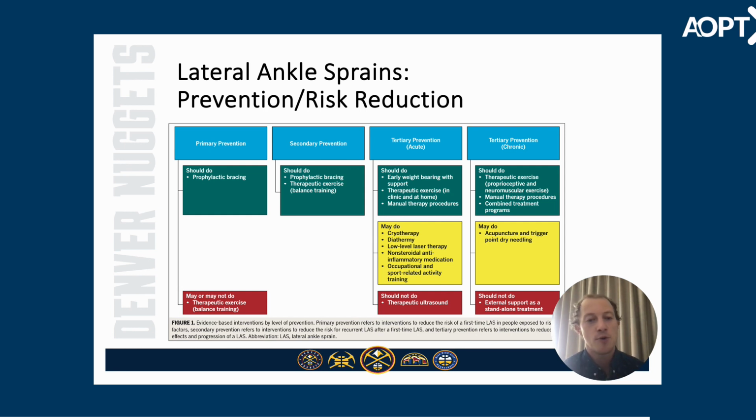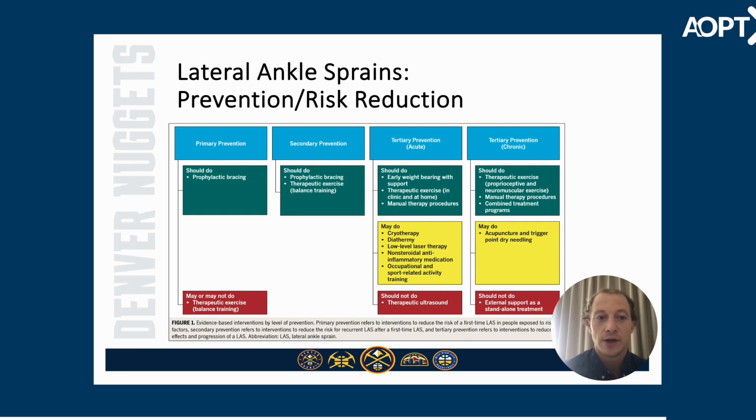When we look at primary prevention before an injury occurred, we may be able to do some training through therapeutic exercise 2 to 3 times a week, 15 to 30 minutes within each individual session of varying degrees of strengthening proprioceptive exercises. We may be wanting to do that, but what we do have the strongest support for is prophylactic bracing before an injury occurs.